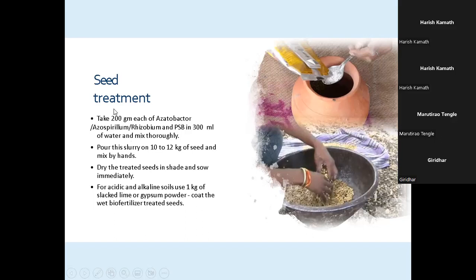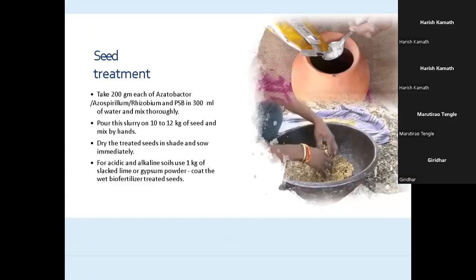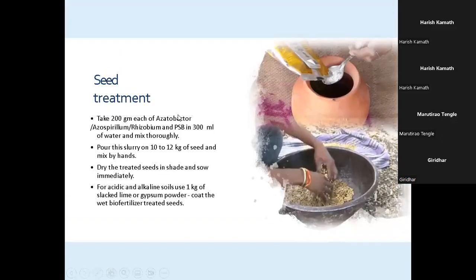So this is the process of seed treatment that will protect the seeds. When seeds start growing, these microbes will help in bringing nutrients to the growing plant. And also you can mix this biofertilizer with the organic manures and apply to the soil.